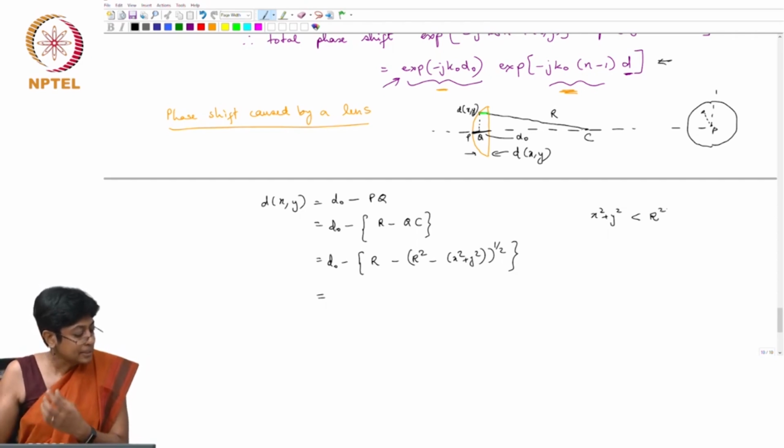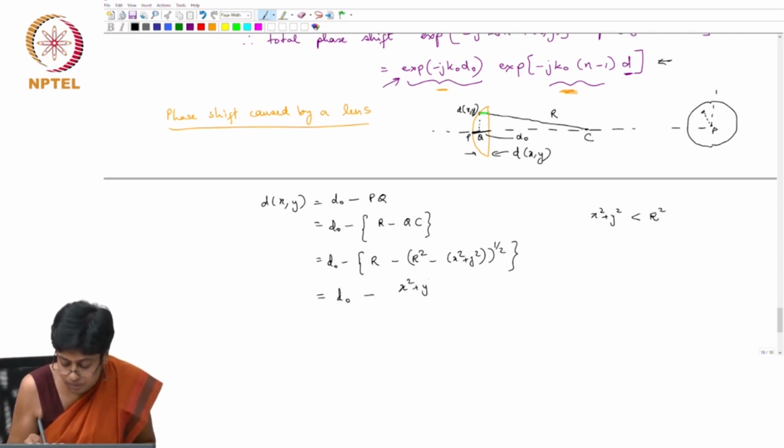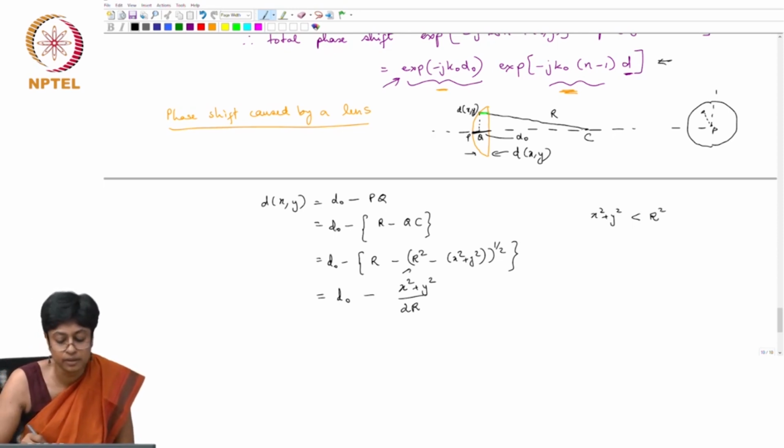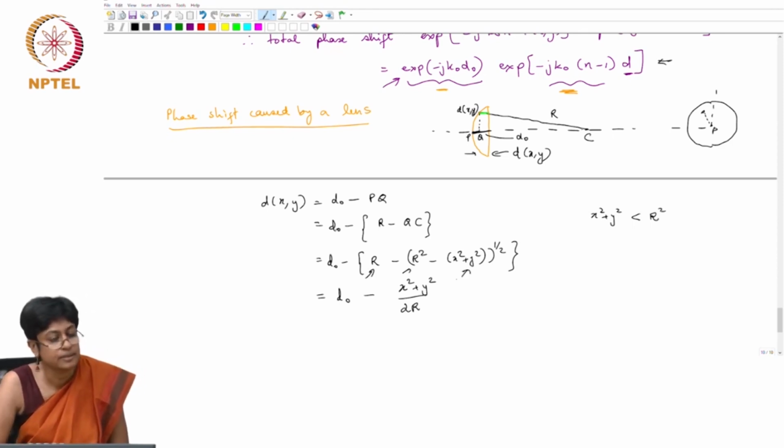But if you make this assumption, this will then reduce very simply to this, because this R squared will come out and get subtracted from this one here, and then you're left only with this divided by 2.